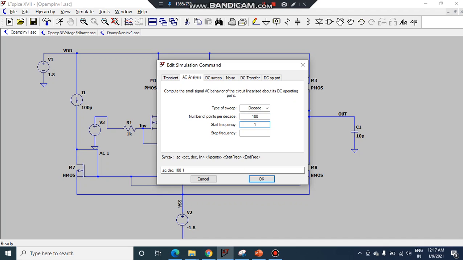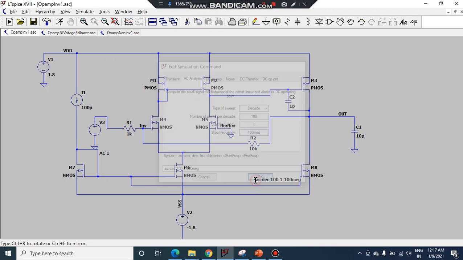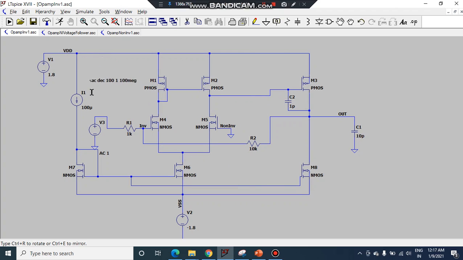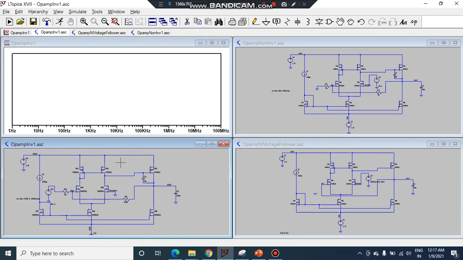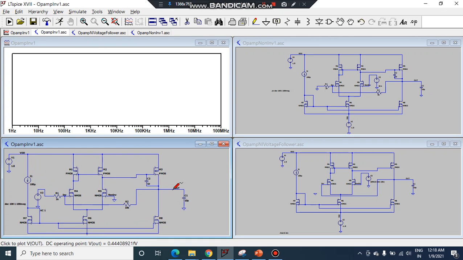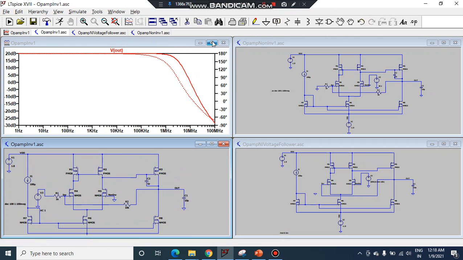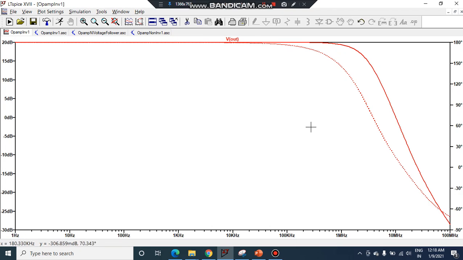Start frequency 1 Hertz, and stop frequency we can select to be say 10 megahertz or 100 megahertz, 100 MEG. Okay, I just place it here, and now I run it. Now I select the output node out.